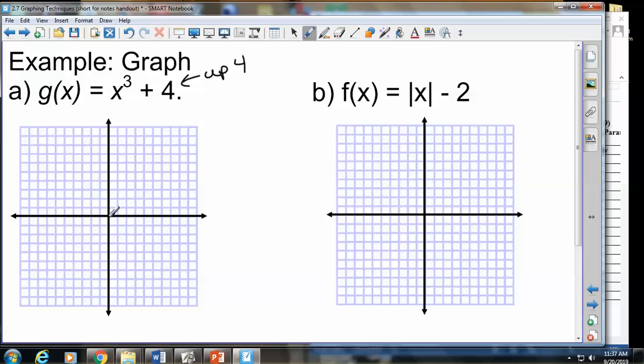Up 4. So x cubed is, what does it look like? The chair, 0 cubed is 0, 1 cubed is 1, 2 cubed is 8, -1, -1, -2, -8. Does everybody know where I get the points from everything? So now we just have to take each of those points we plotted and move them up 4.